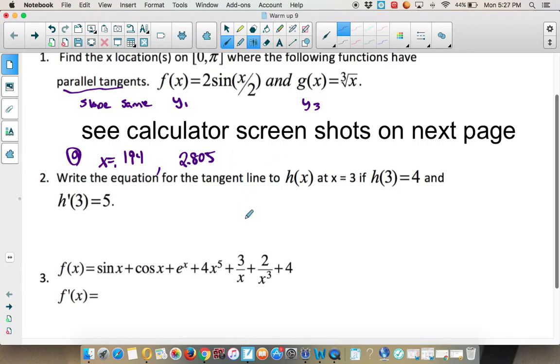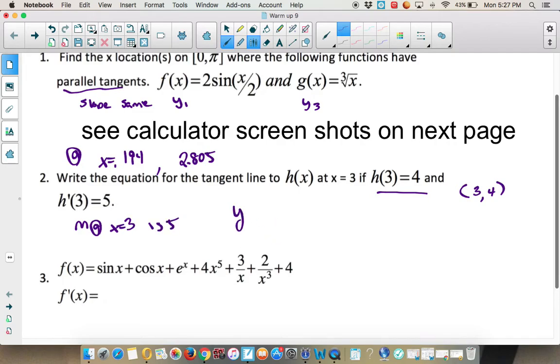Okay, the next warm-up, this is telling me this is my coordinate point, so it means it's going to be going through the coordinate point (3, 4). And it's also telling me that my slope at x equals 3 is 5.